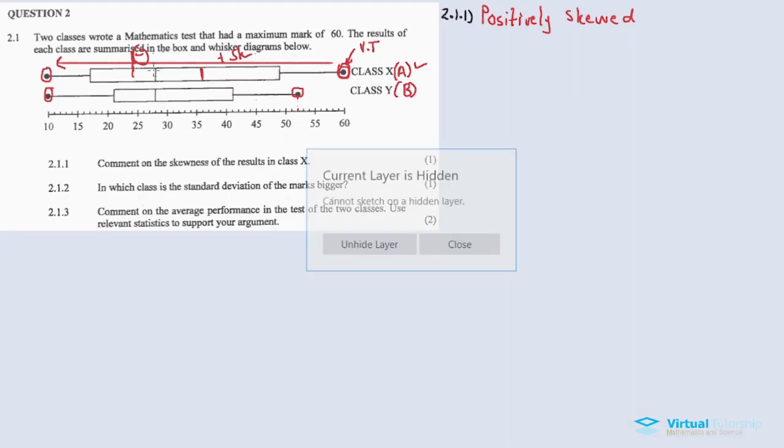I had to mention the mean so that you understand what I mean by positively skewed. So it means it's positively skewed if the mean, the median is somewhere la, right? Now median is somewhere la for class X, and then the mean is around here. It's to the right, meaning it's positively skewed.